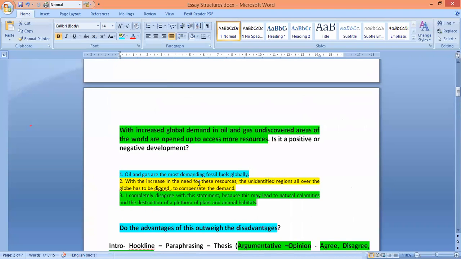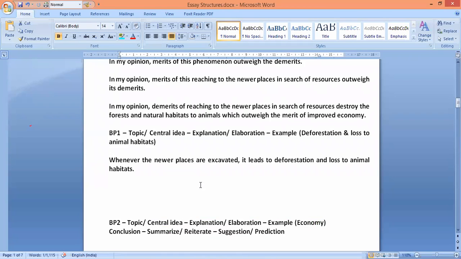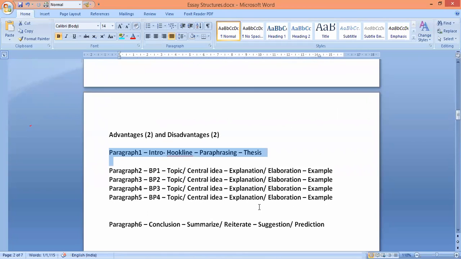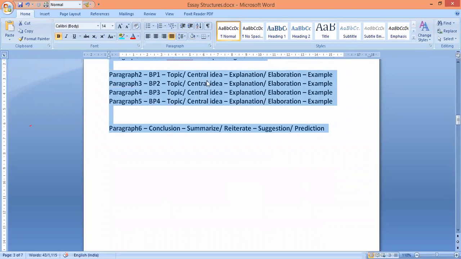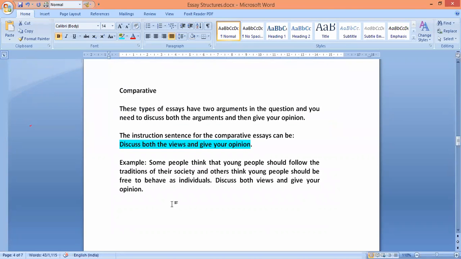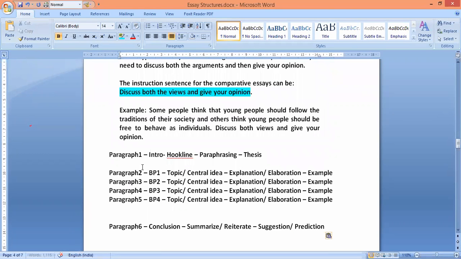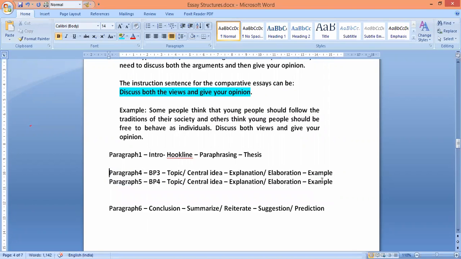Let me take the structure. Sir, in the thesis, can we mention that I am going to discuss these views and give my opinion at the end? Is this sentence required? It's not required, but you can do that.